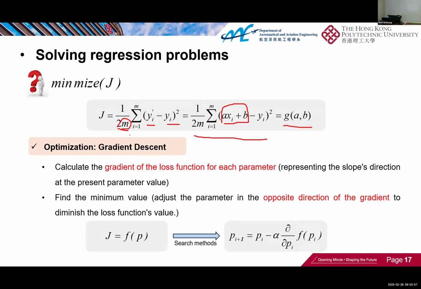A and B are the unknowns, the variables we want to estimate.